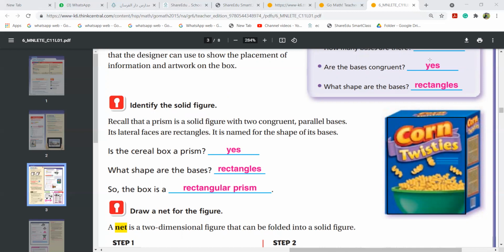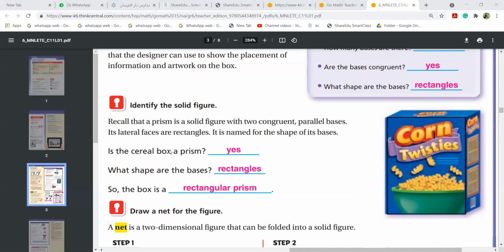Do you understand this point? Now, are the bases congruent? Yes, they are congruent because at the back you have the same shape and the same size. What shape are the bases? What is this shape? It's a rectangle, so you have two rectangles.